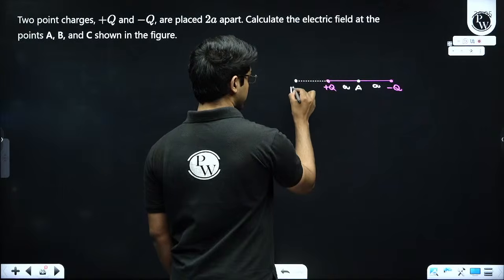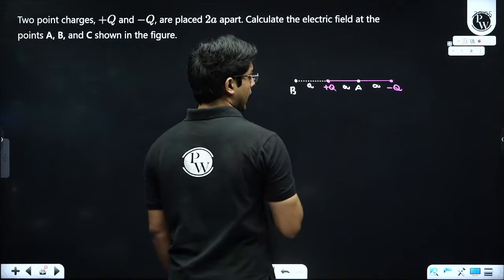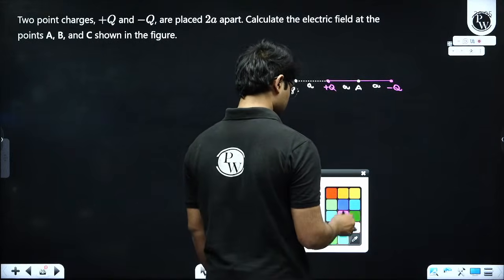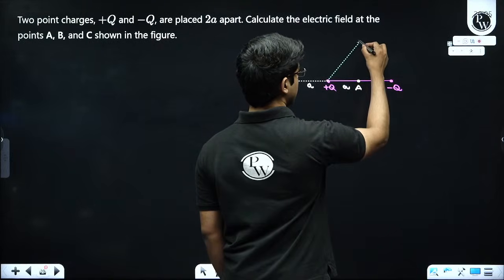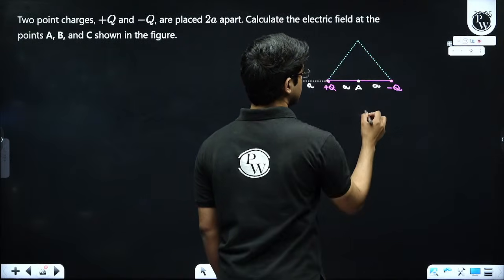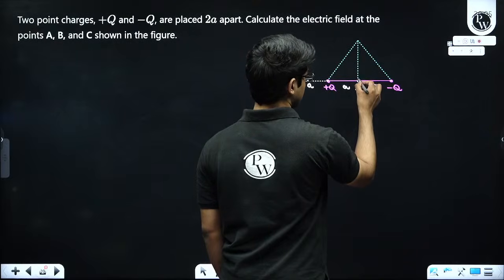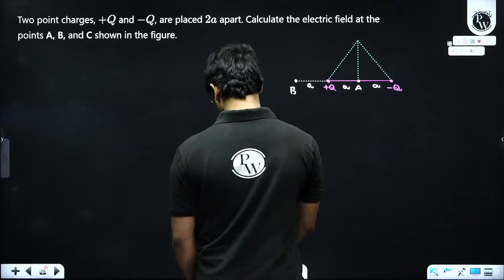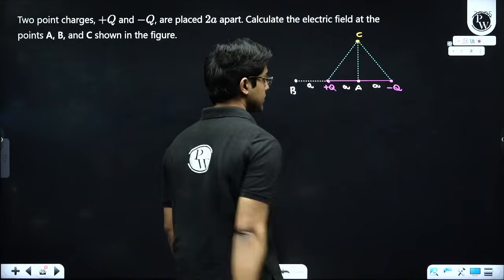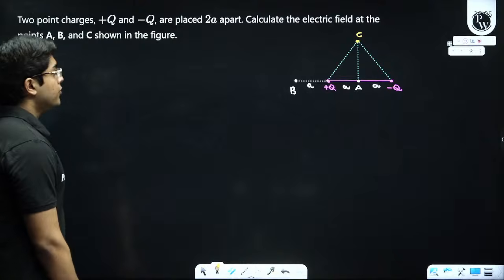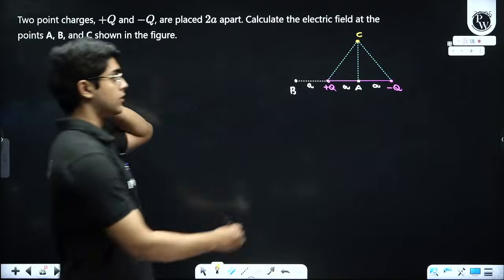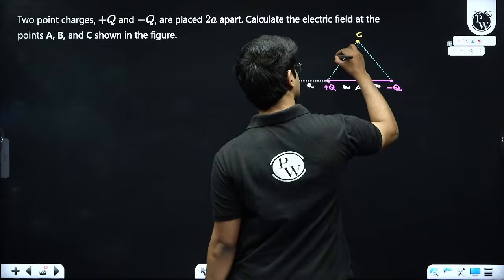Let's call this B. And then, yes, so we have something like this. This is the third point, which we can call C. So we will have to find the electric field at these 3 points, A, B and C, and this distance is also given.